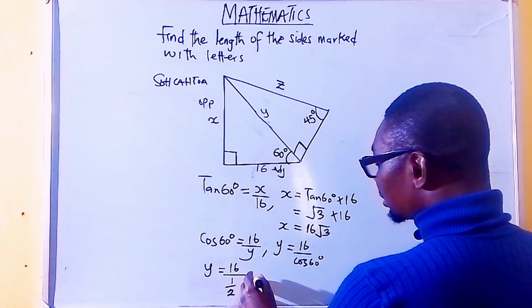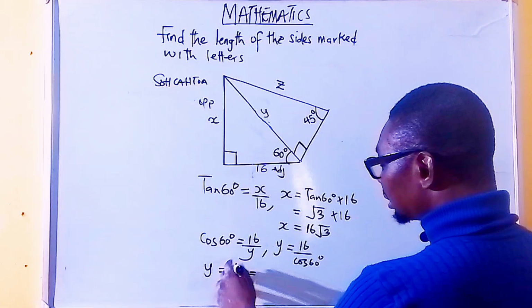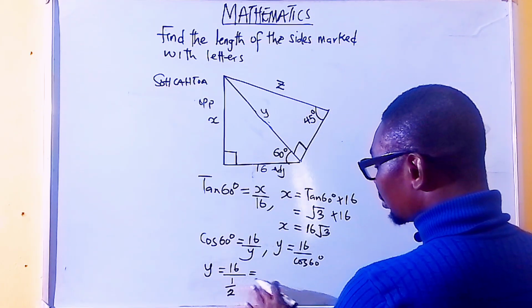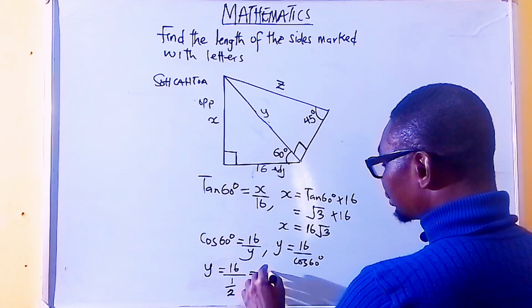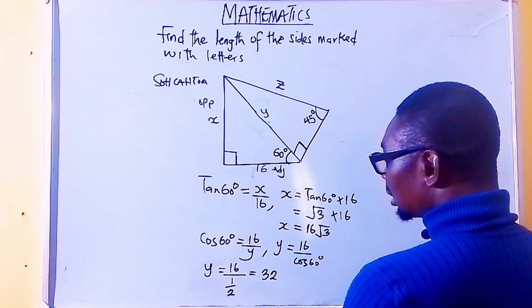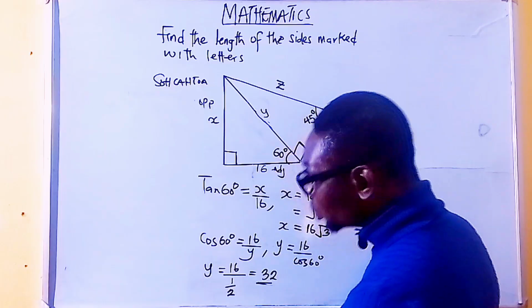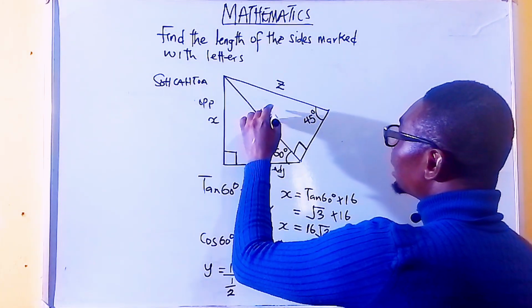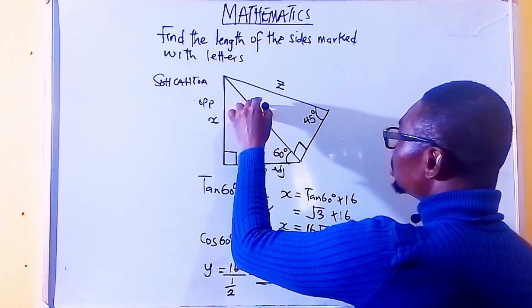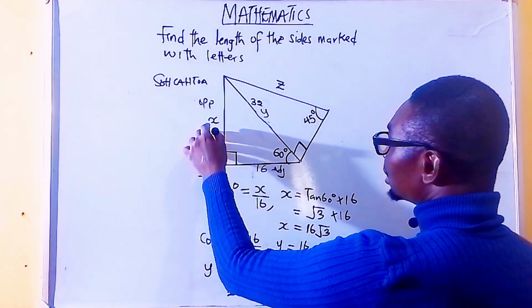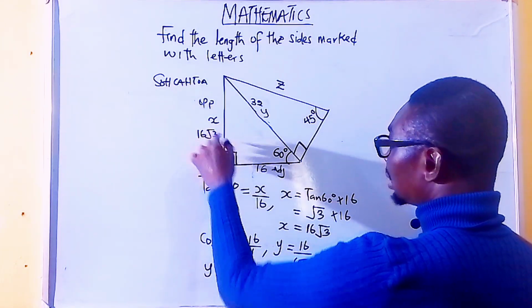So if you simplify this further, 16 divided by 1 over 2, we now have 32. So therefore our y is equal to 32. So y here is equal to 32, and x is 16 root 3.